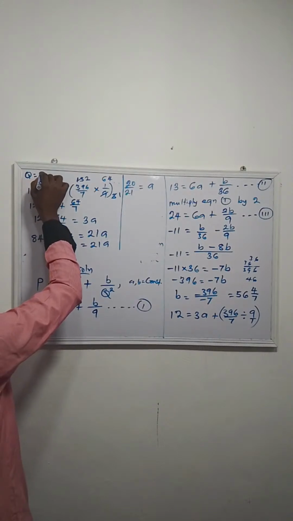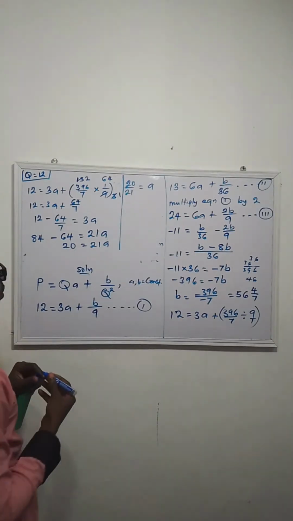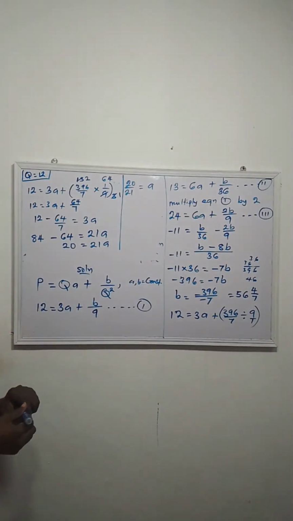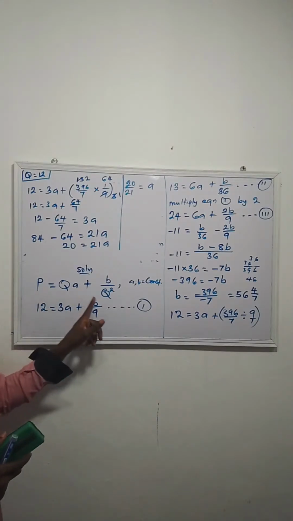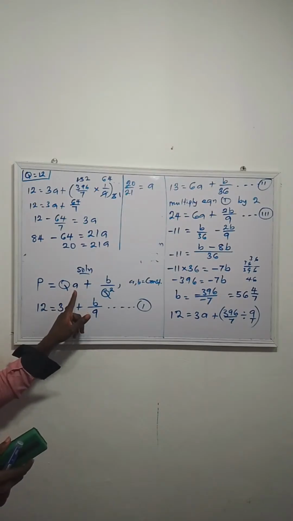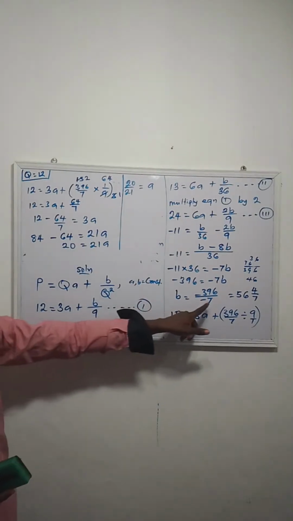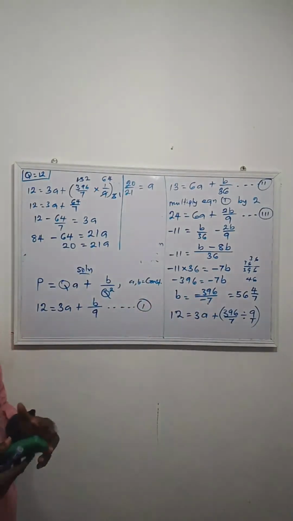Q is 12. So we are going to be looking for P. So now the next thing is to get the connecting formula. So I'll just write this one out, and I will change the value of A to what I have here, and the value of B to what I have here. Okay, can we do that now?